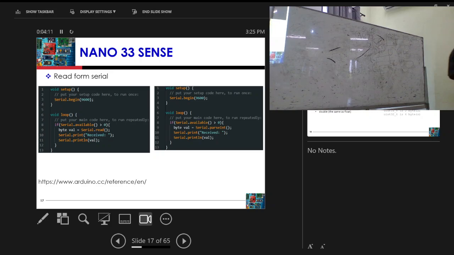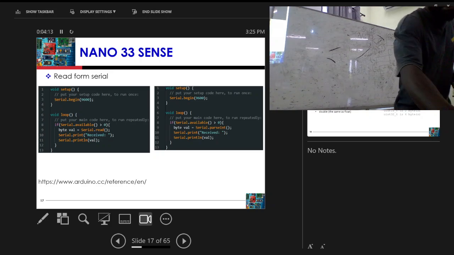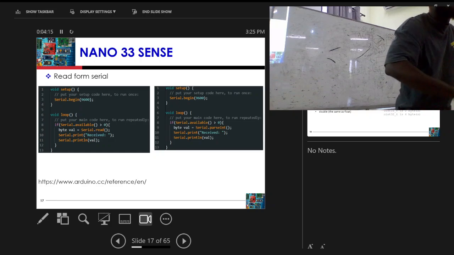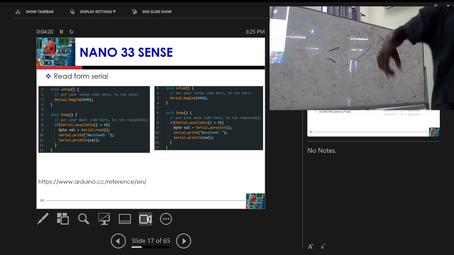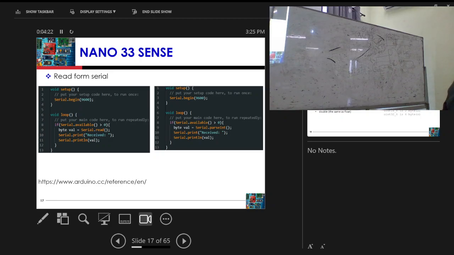But why? So where do I get it from? Okay, so look, just look at the code. Why is it that when I enter 256, it gives me zero?